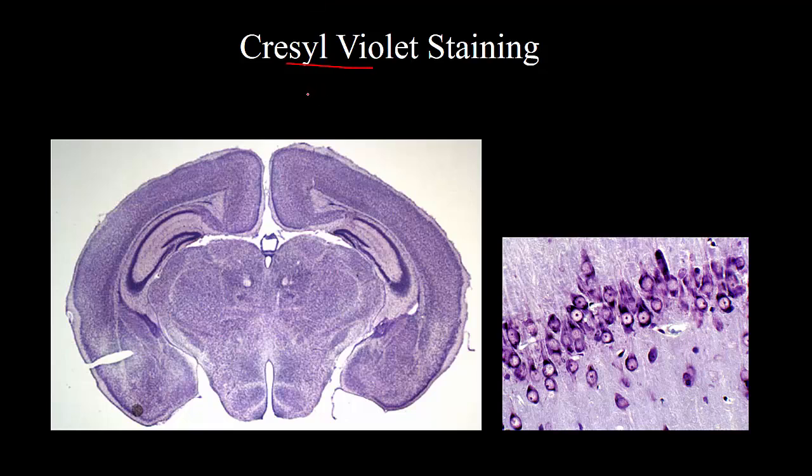Cresyl Violet is going to stain Nissl substance, which is concentrated in the nucleus. And so here, if you look at this, this is going to be a coronal section of a mouse brain. Sorry, this is a rat brain, my bad. Of a rat brain.